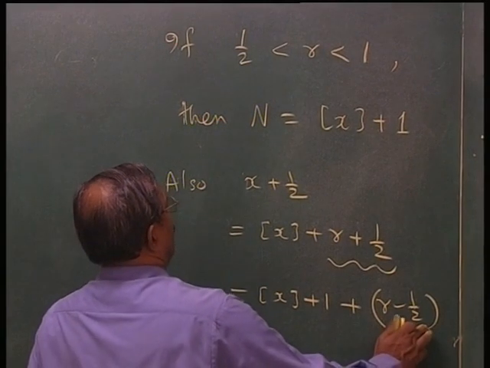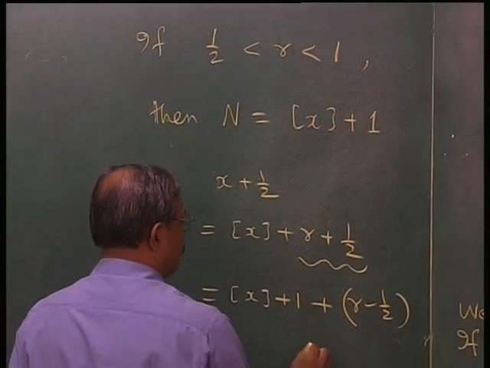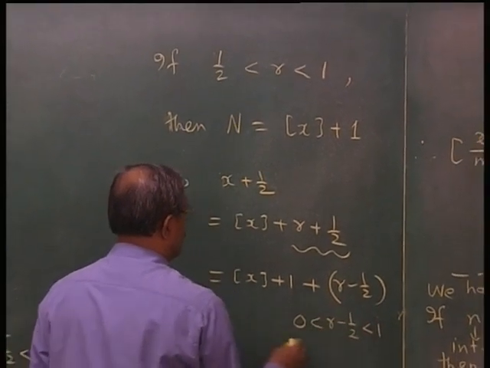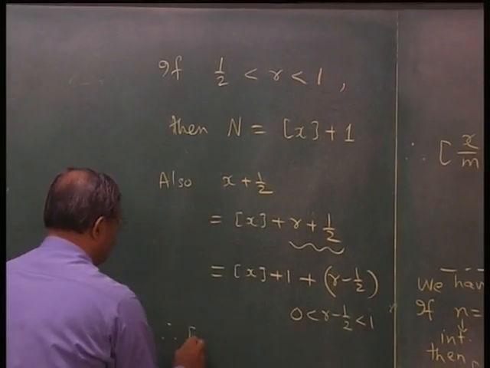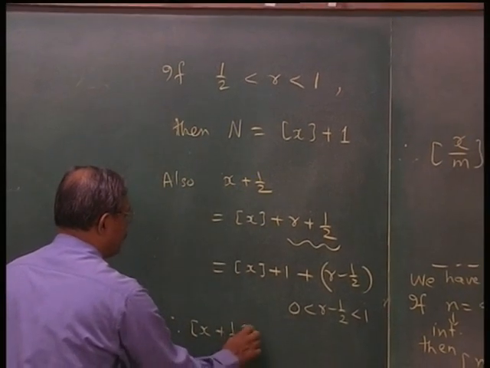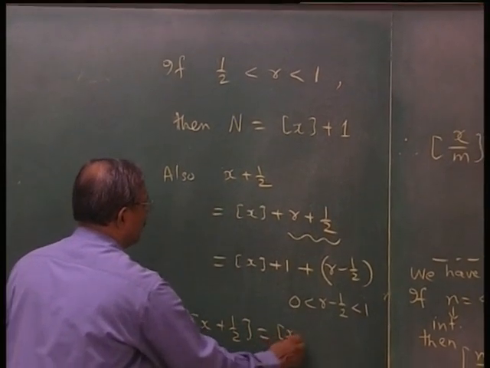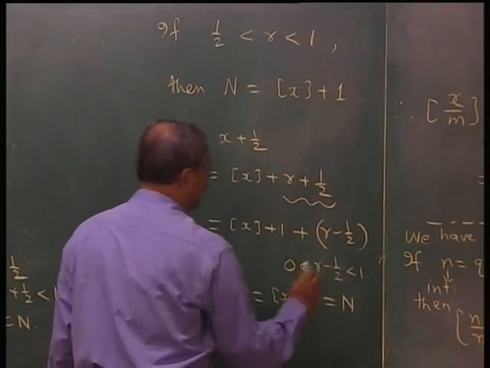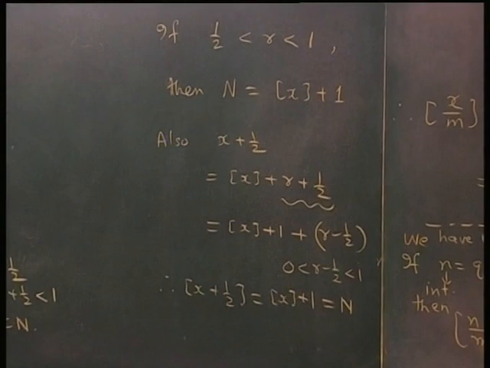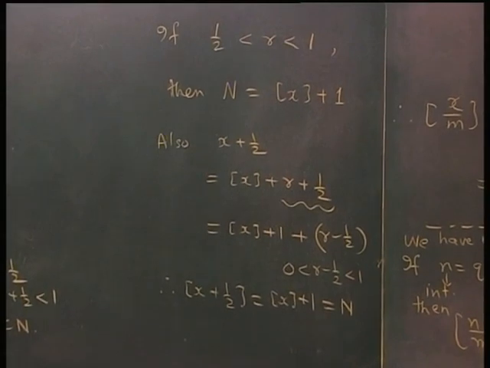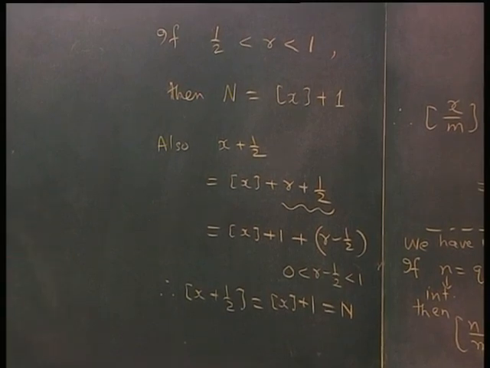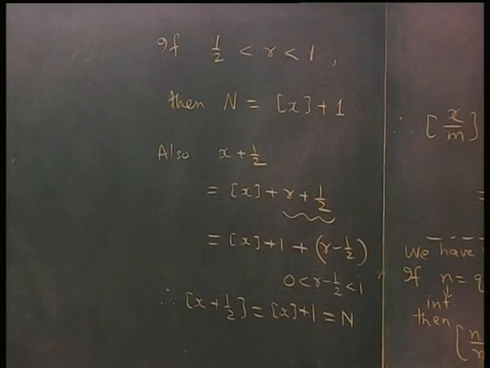And this r minus 1/2 is bigger than 0, 0 less than r minus 1/2 less than 1. Therefore, the integral part of x plus half will be equal to the integral part of x plus 1, and that is the nearest integer.